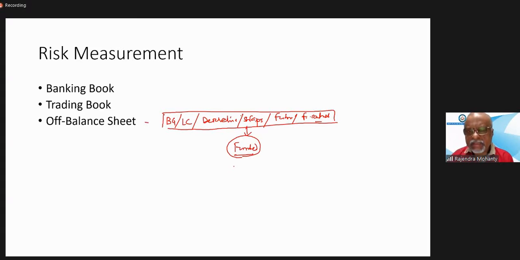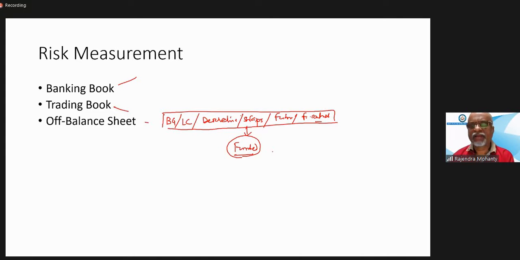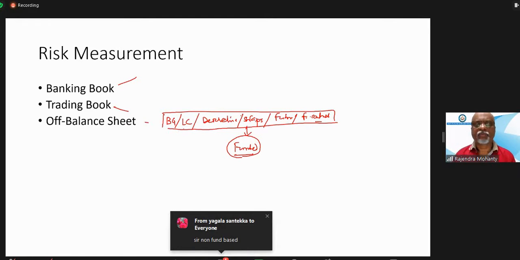So, when they are converted to a funded one, depending on the type of exposure, they may either go to the banking book or they may go to the trading book. Okay, so this type of contingency adversely affects the revenue generation of the bank when the commitment is not fulfilled by the counterparty. Okay, so these three types of transaction.